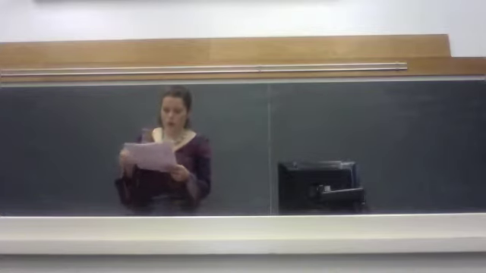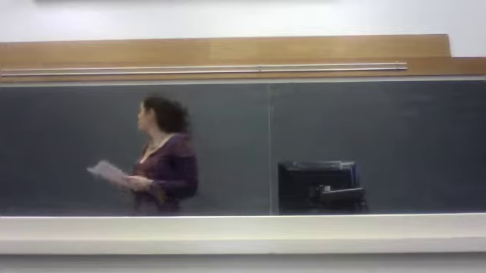Okay, so first of all, let's draw a graph up again. We're going to stick with our movie tickets and our pizza slices. Remember we talked about our indifference curves.